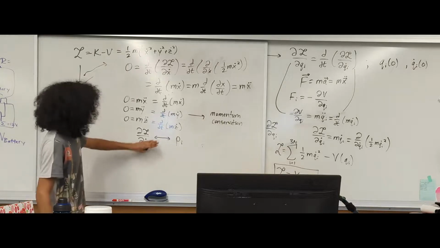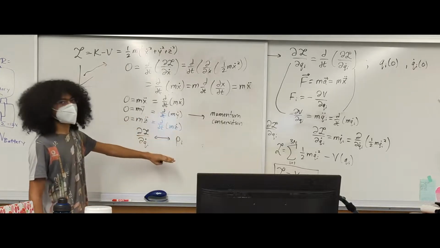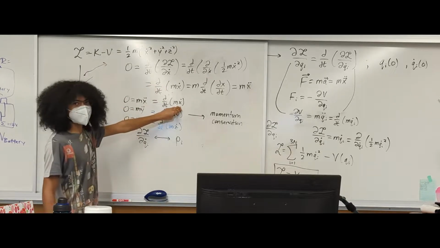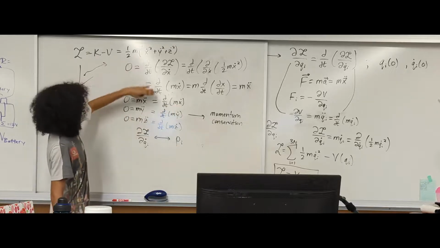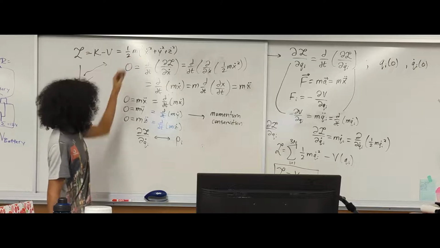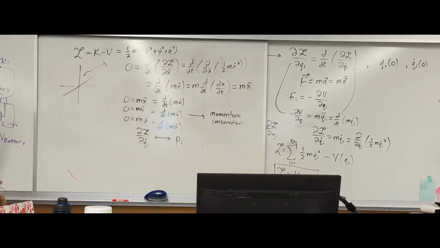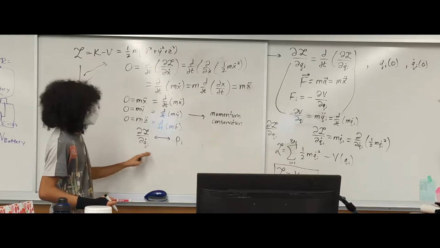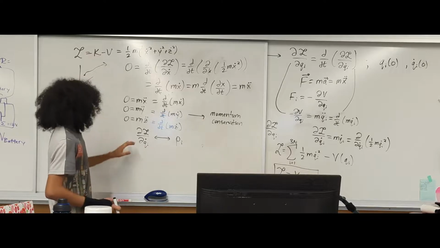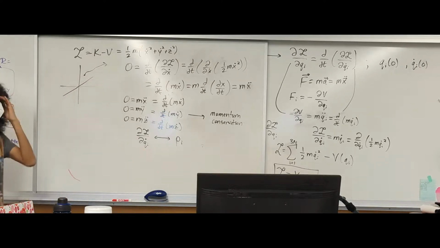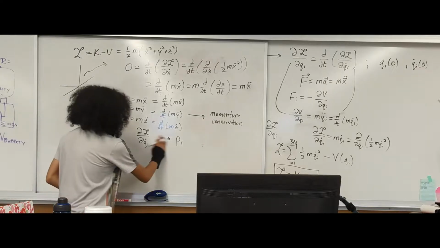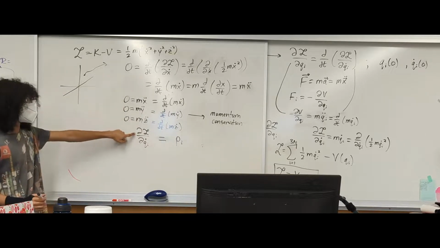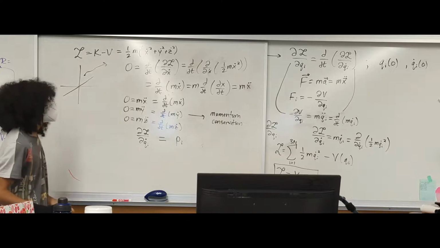Right. So when we're just dealing with Cartesian stuff, this is pretty obvious, right? This derivative will always be our familiar idea of momentum because we're coming at it from this form of the kinetic energy. So we kind of make this idea general in saying that if we have these generalized coordinates with the q's, then we define these p_i's to be the derivative of the Lagrangian with respect to q_i dot.